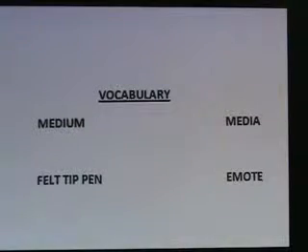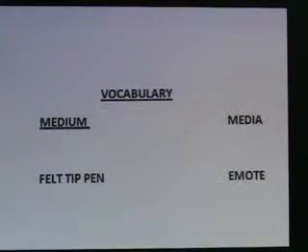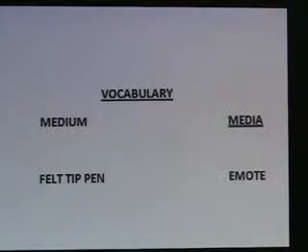Our vocabulary is medium, media, felt tip pen, and emote. A medium is a material that you use to make the art that becomes part of the art. Media is the plural for medium. It's one of those exceptional words.